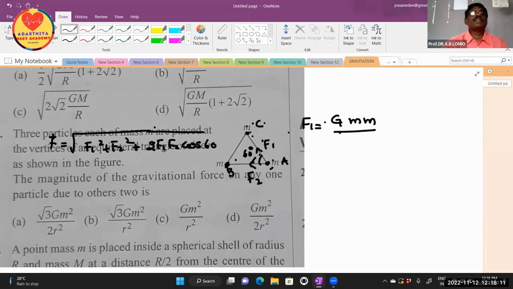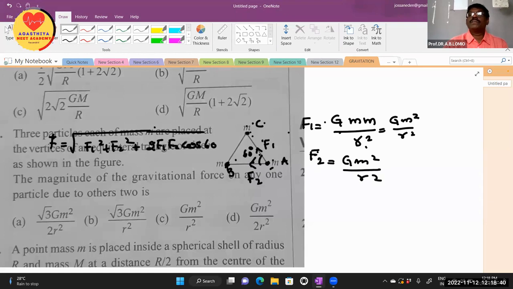R, because the distance is given. The 3 particles are placed at the vertices of an equilateral triangle, as shown in the figure. So take the distance as R, so R squared. That means F1 is G M squared divided by R squared. Similarly, F2 is G M squared divided by R squared.